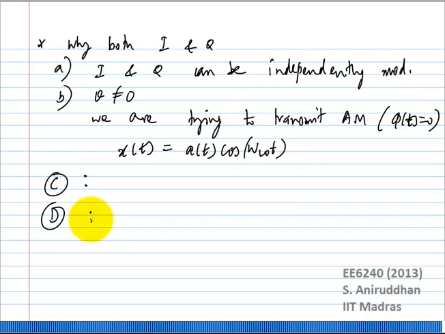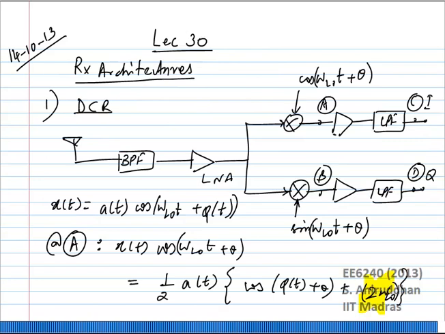So far we have written it in a general form, but if you do this at C, you get half A of t cos theta. Is that right?